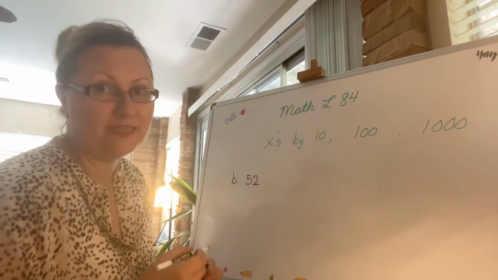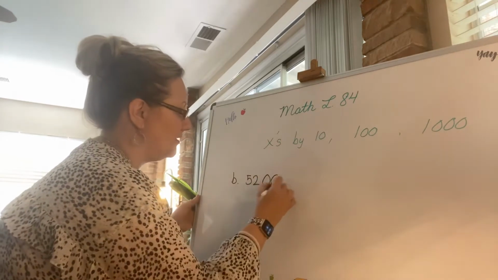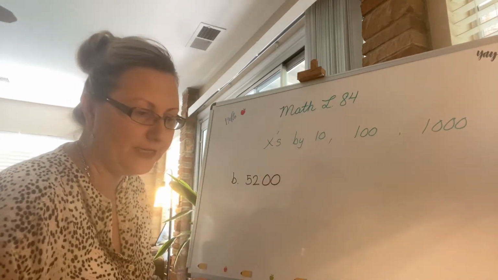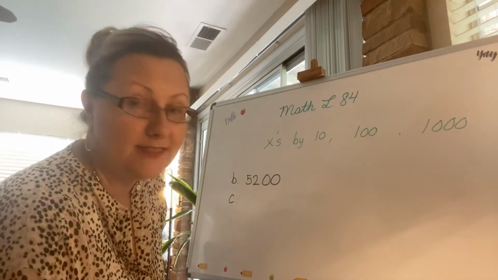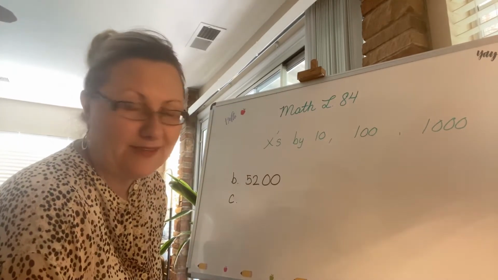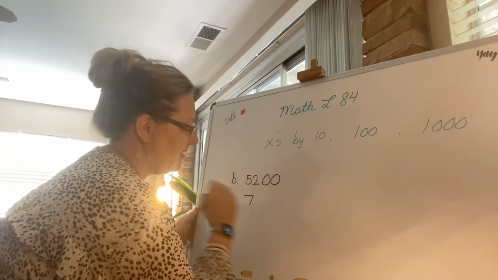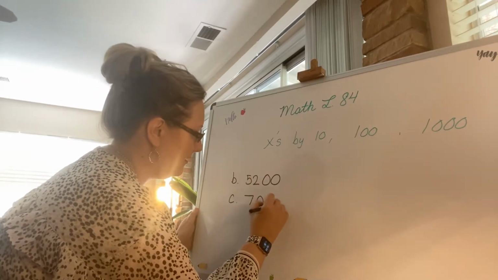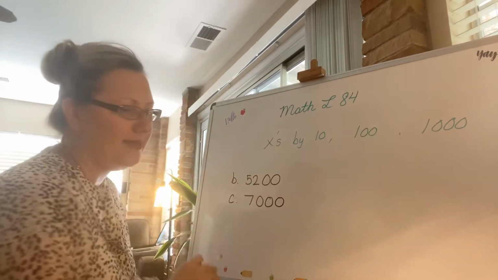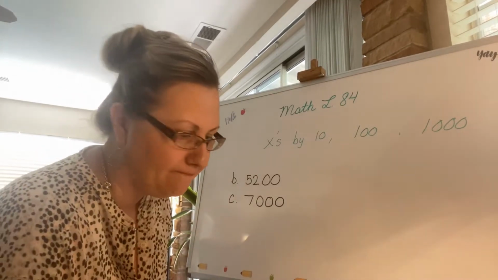Well, there's 2 zeros in 100, so our answer is 5,200. Let's try letter C. 7 times 1,000. Okay, so write down the 7, and there's 3 zeros in 1,000, so 7 times 1,000 is 7,000.